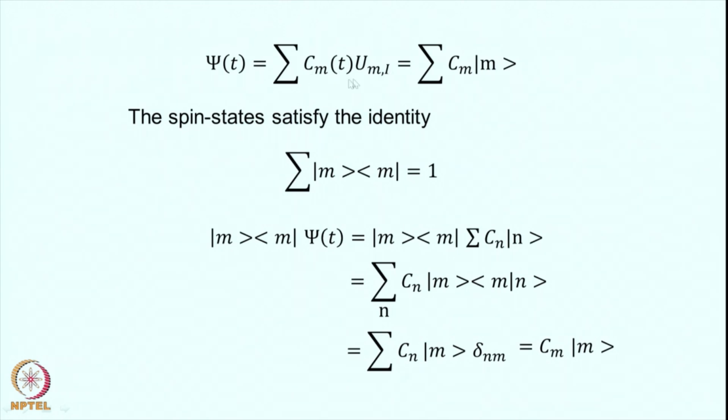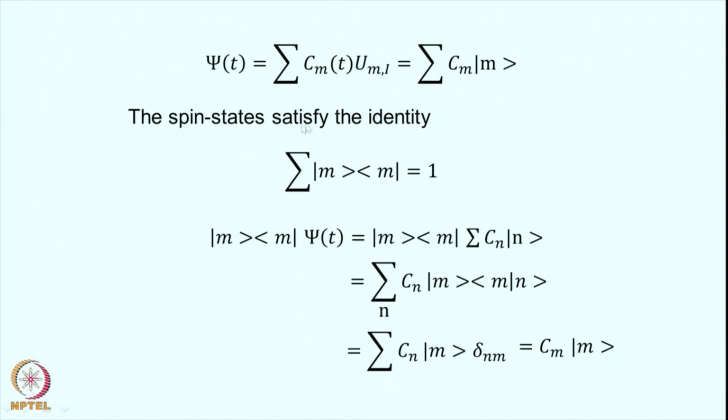In a simpler notation we simply write it as the summation of cm times m, and this summation goes over all the states of the spin system, so m goes from 1 to n.